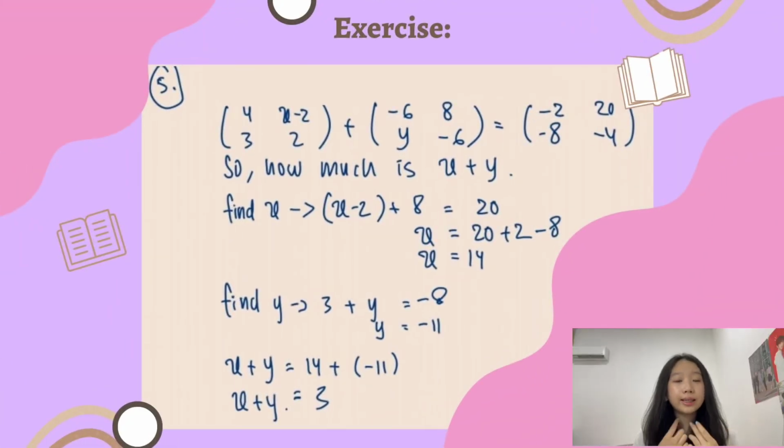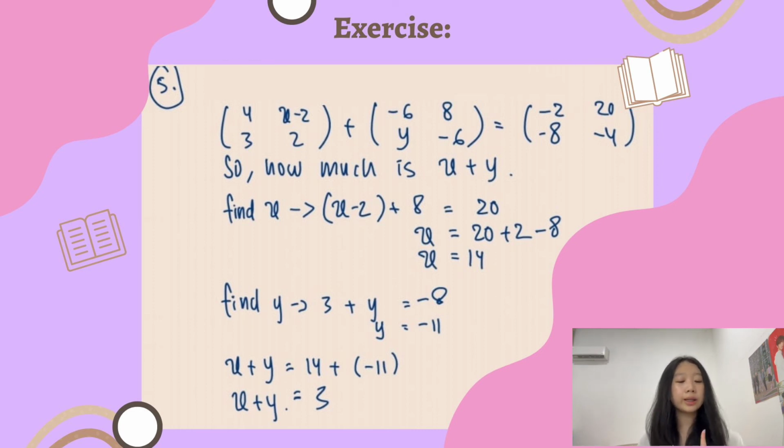For the last example, we have to find X and Y. Then we can add those. For the X, we have the equation X minus 2 plus 8 equals 20. So X equals 20 plus 2 minus 8.